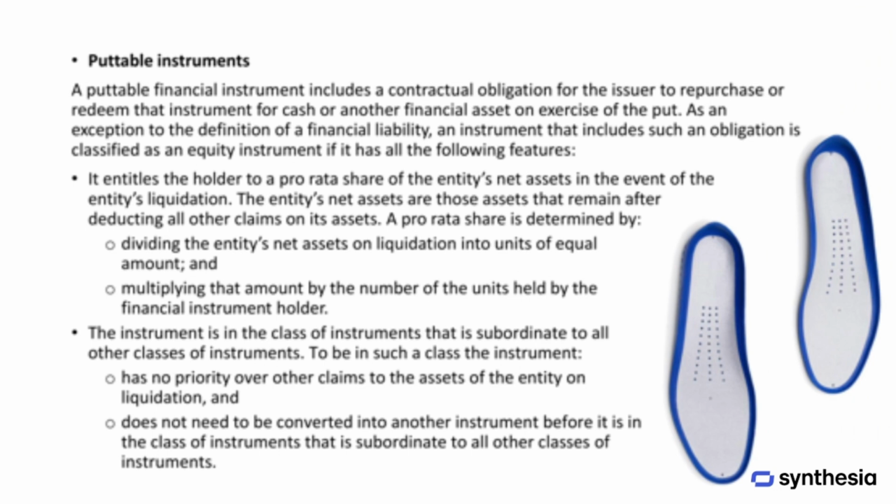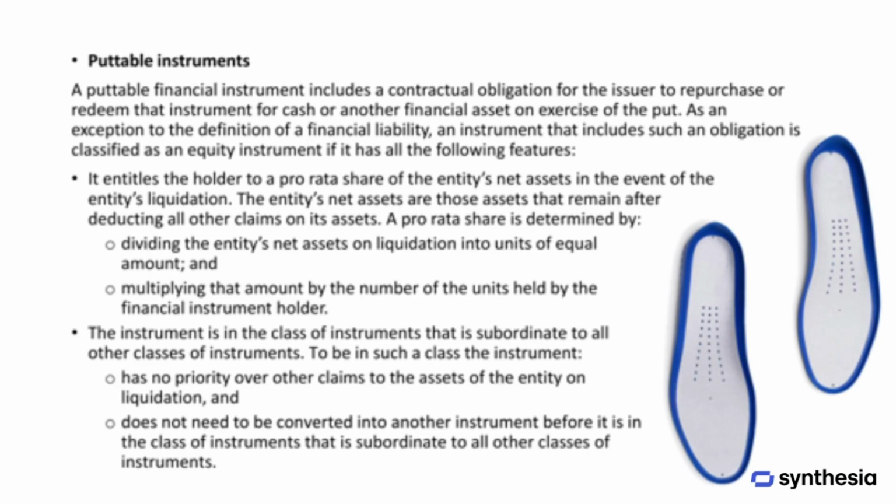A puttable financial instrument is one that gives the holder the right to require the issuer to repurchase or redeem it for cash or another financial asset. However, such an instrument can be classified as equity rather than a liability if it meets certain conditions. First, it must entitle the holder to a proportional share of the entity's net assets if the entity is liquidated.